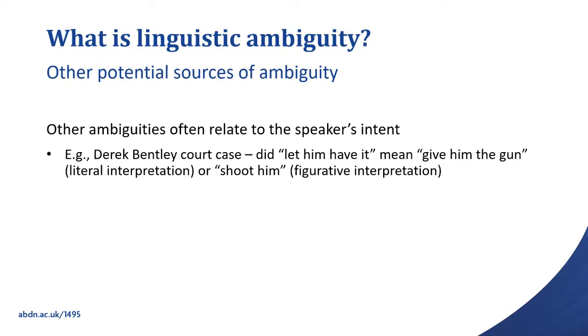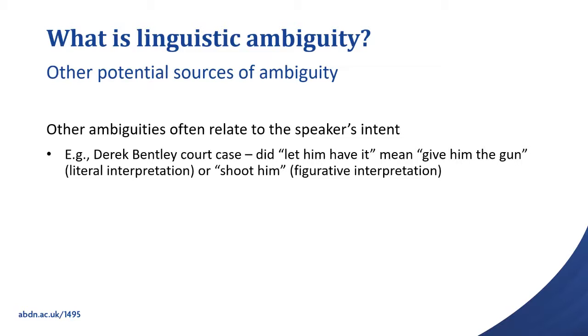Derek Bentley received the death penalty for his involvement in the shooting of a police officer. Bentley didn't actually pull the trigger, but he was at the scene of the crime. And at his court case, a lot of the debate revolved around a phrase that he used just before the police officer was shot. He said to the person that pulled the trigger, "Let him have it."